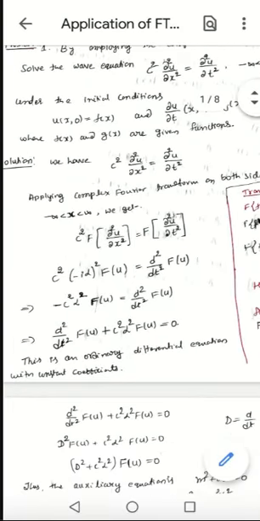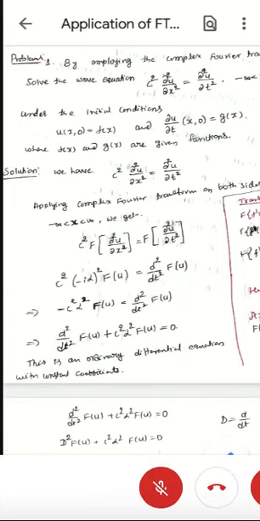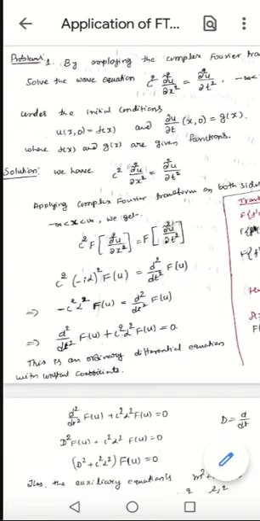That's why we have taken minus i alpha whole square F of u and d square by dt square F of u. So minus c square alpha square F of u equals d square by dt square F of u. Moving the right side to the left side, it is equal to 0.